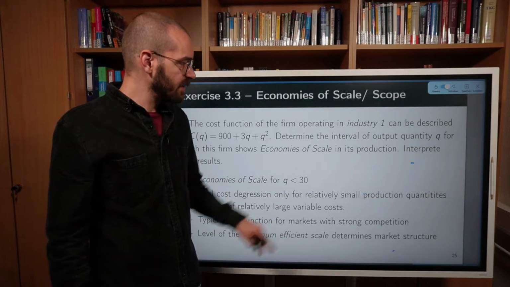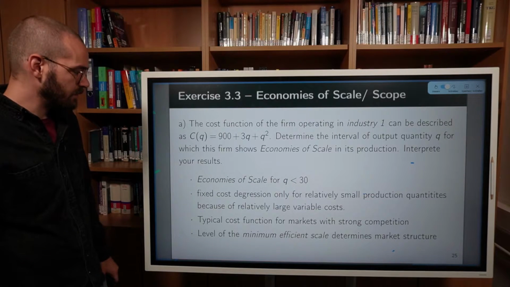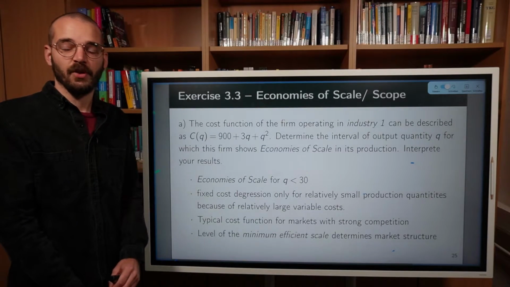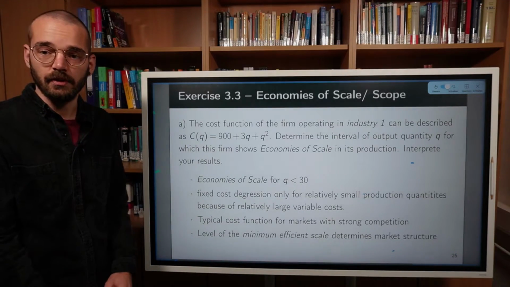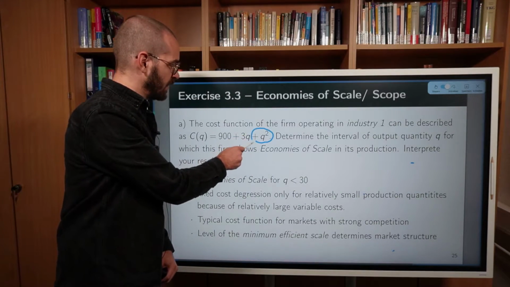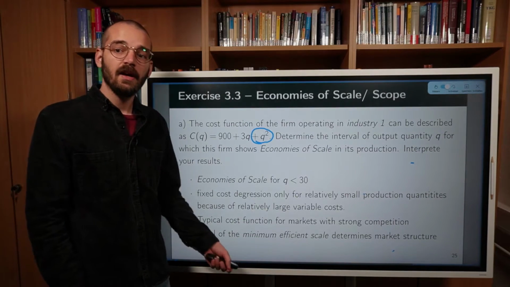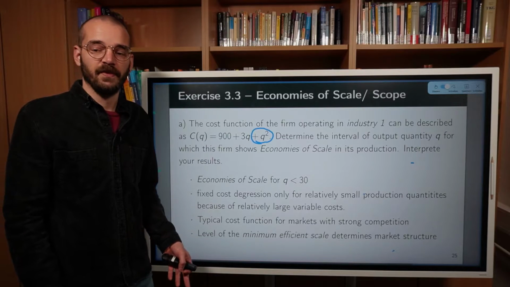But only for a relatively small production quantity, because what we also see is that we have relatively large variable costs, of course only for large values of Q, because we have this expression. This Q squared is really what drives very large variable costs in case Q takes larger values. All right.